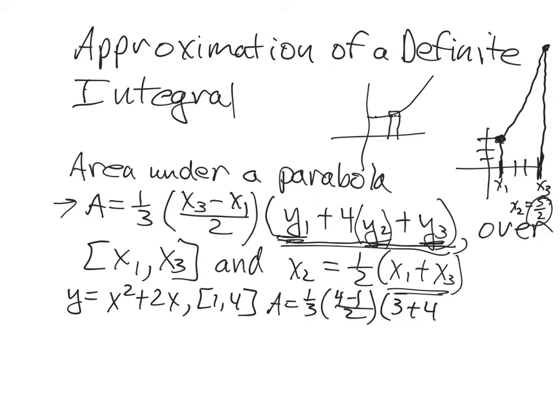Plug 5 halves into our function here. 5 halves squared would be 25/4 plus 2 times 5 halves, well, plus 5. So 25/4 plus 5, whatever that would be. And then plus y sub 3, what did we say that was, 24? And calculate all that.